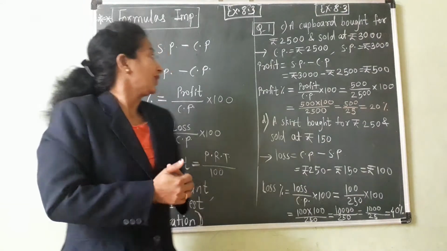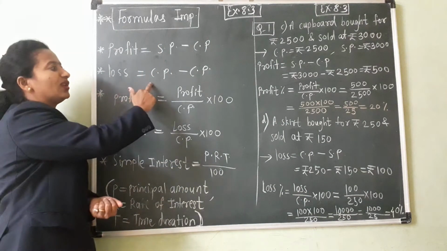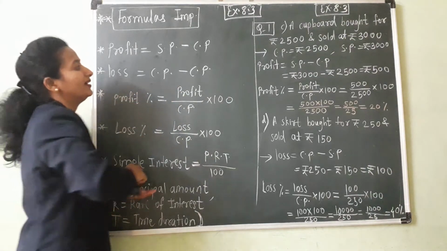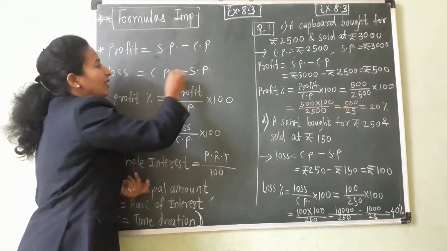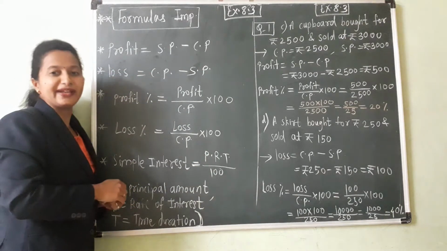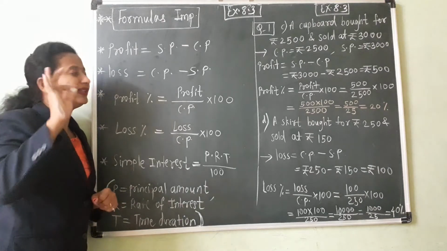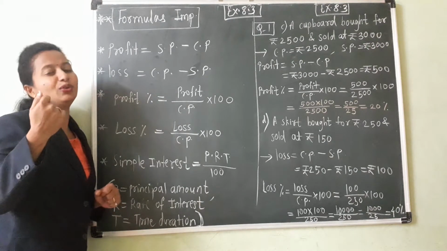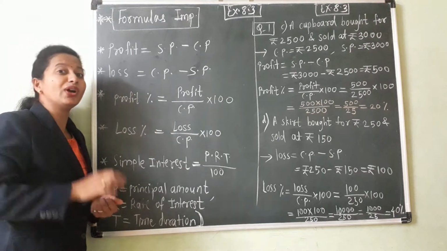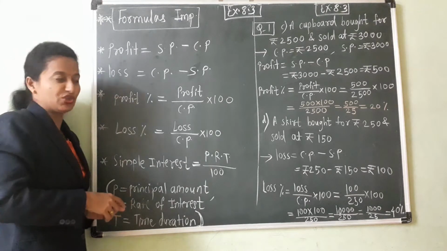So the formula to calculate loss is cost price minus selling price. If the cost price is greater than the selling price, it is a loss. In this way you have to imagine and decide which formula fits that particular situation.